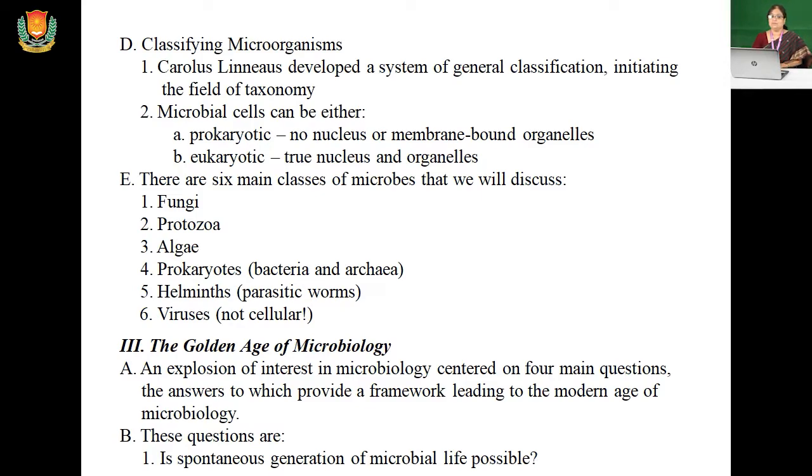Microbial cells, which we have seen till now, are basically of two types: either prokaryotic or eukaryotic. There are six main classes of microbes, which we will discuss one by one, but this is a generalized form. They are fungi, protozoa, algae, prokaryotes, bacteria and archaea. Archaea are actually primitive bacteria.